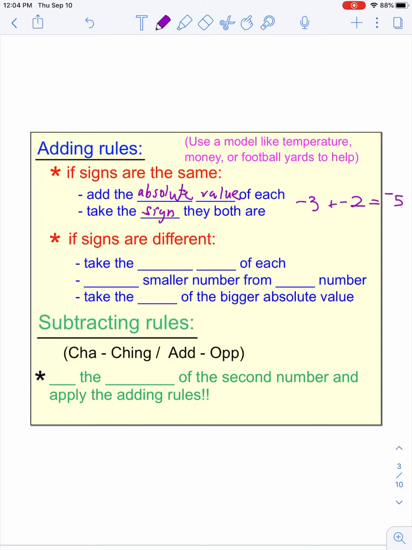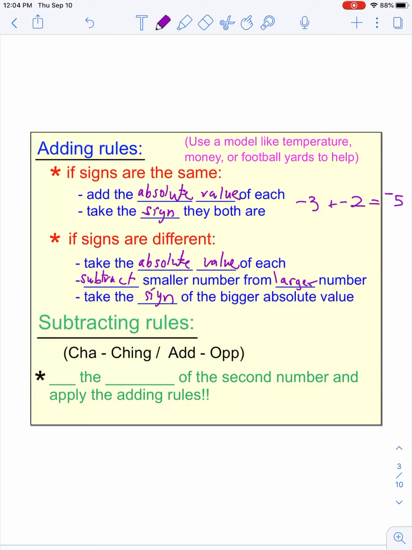So if the signs are different, you are still going to take the absolute value of each number, and then you're going to subtract the smaller number from the larger number. And once you do that, you're going to take the sign of the number with the bigger absolute value.